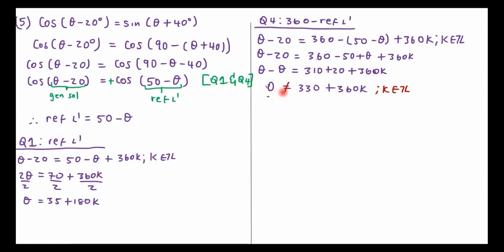Because they cannot be equal, there won't be a solution here. So this means the final answer for this one is theta equals 35 plus 180k, and that is going to be our solution for this one.